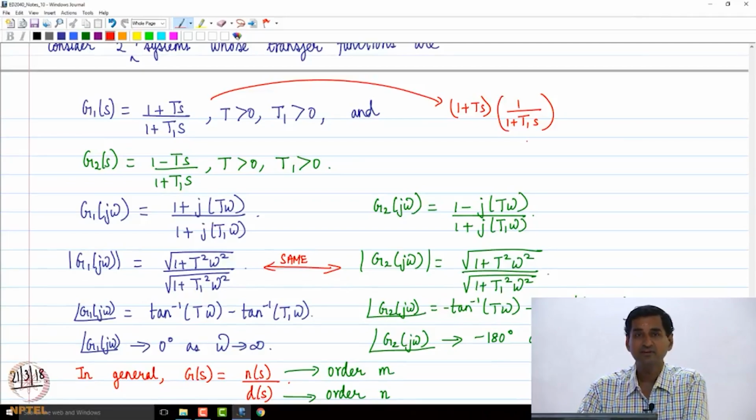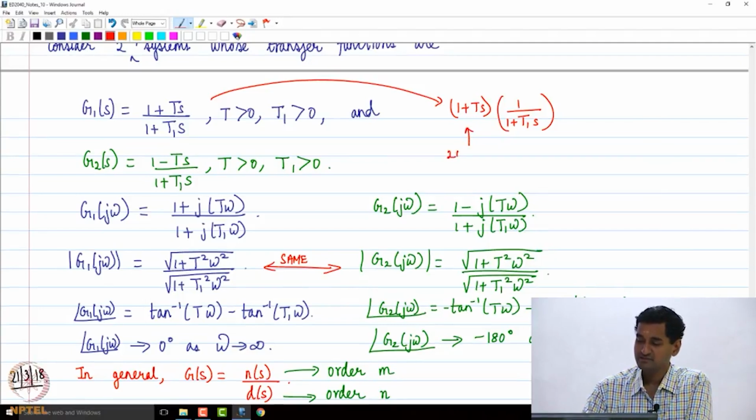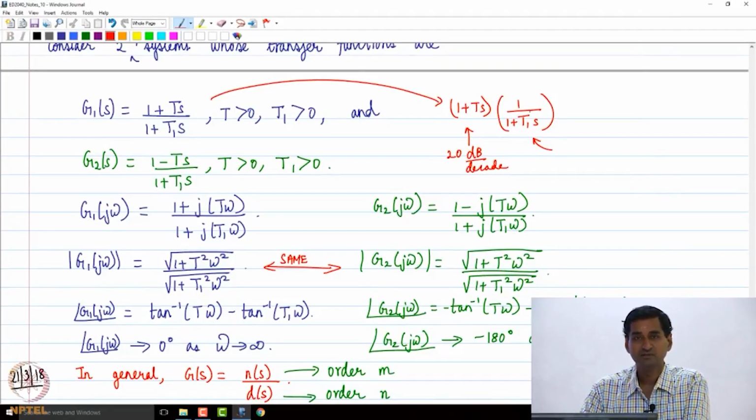We already know from the building blocks that as omega tends to infinity, the slope of 1 plus Ts is going to be 20 decibels per decade, and the high frequency asymptote slope for 1 divided by 1 plus T1s is going to be minus 20 decibels per decade.